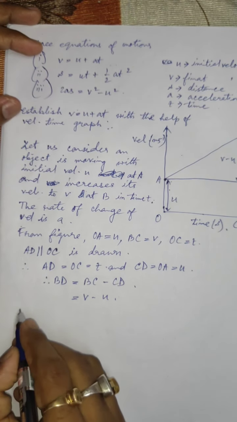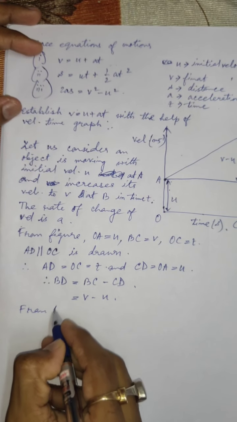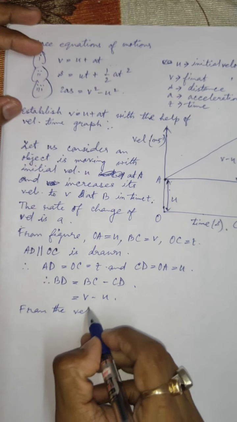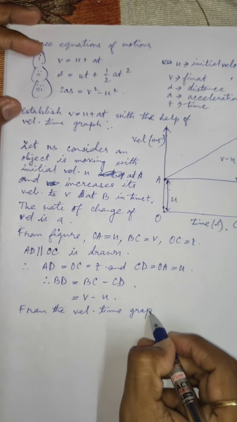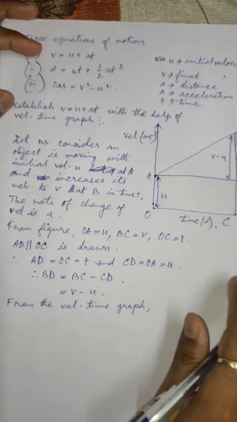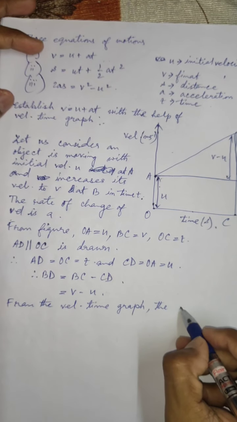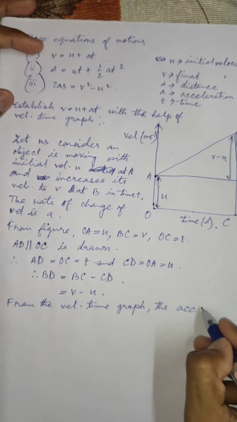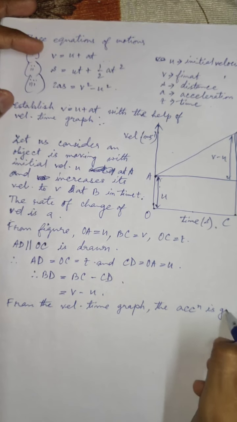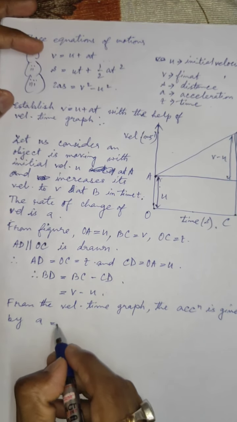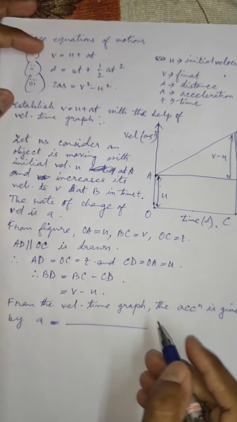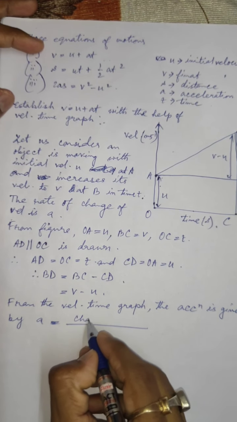So next, from the velocity time graph, the acceleration is given by a equal to change in velocity by time taken.